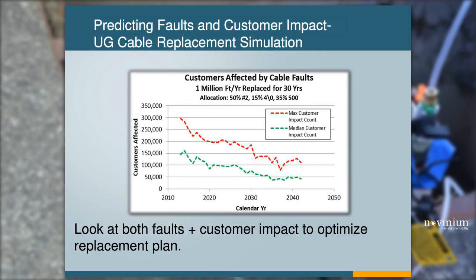Again, what we like to see here is our customer impacts always being driven downward. And that's due primarily to the amount of footage that we can take out of our 500 and our 4/0 cable. That's primarily our feeder cable. So that's another piece of the puzzle that we look at as far as setting replacement amounts.